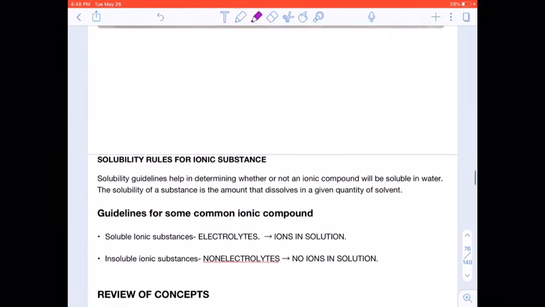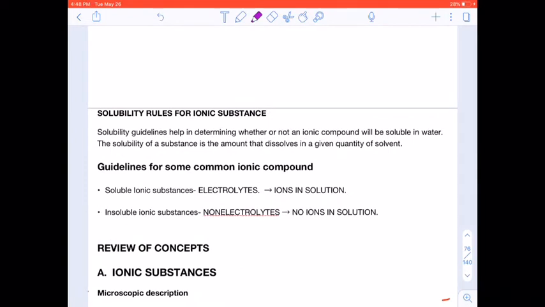So, let's look at the solubility rules for ionic substances. This is a solubility guideline in determining whether or not ionic compounds will be soluble in water.